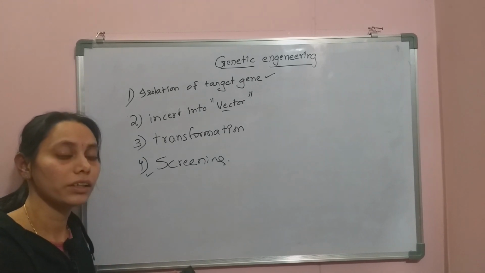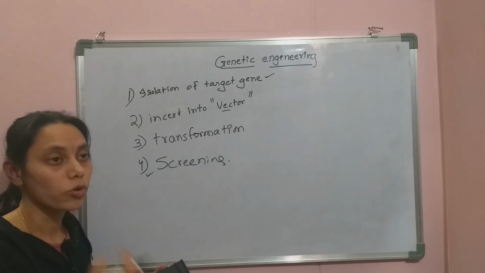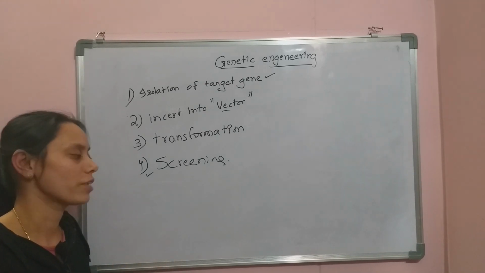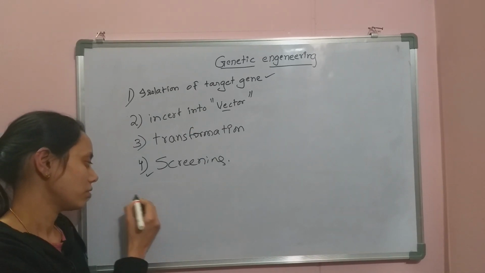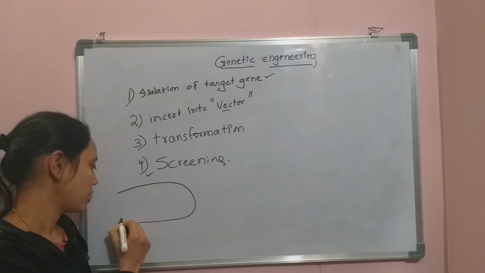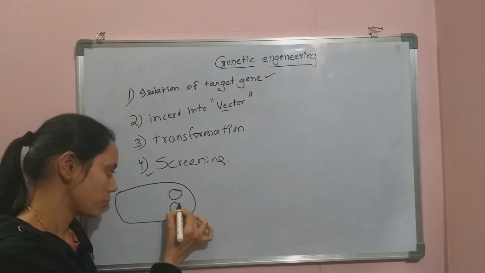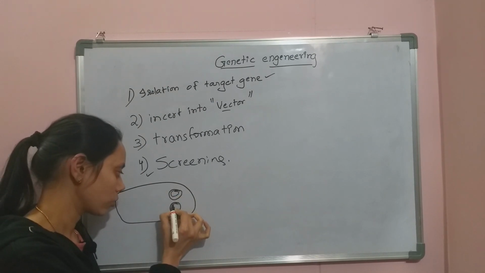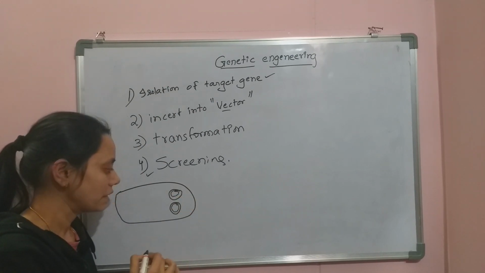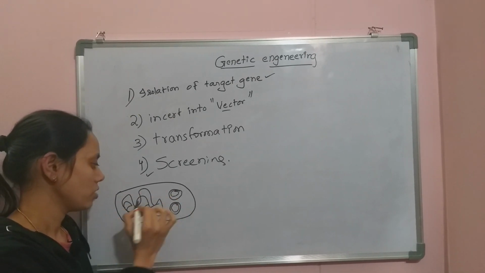Generally, there are many types of vectors in molecular biology, and one of the most widely used vectors is the plasmid. So here plasmid is nothing but extra chromosomal DNA which is mostly present in a double stranded covalently closed circular form. This is independent from the main genome.